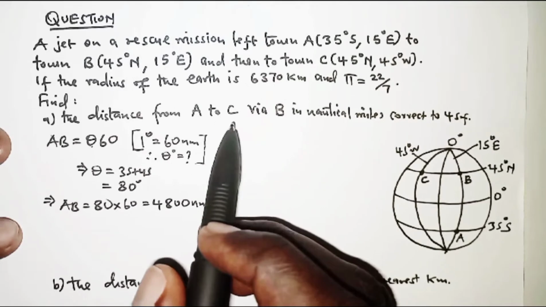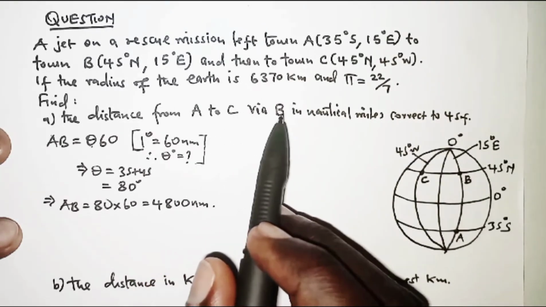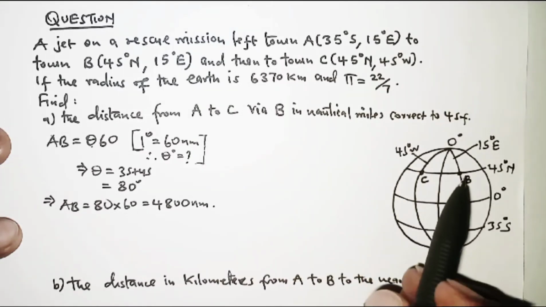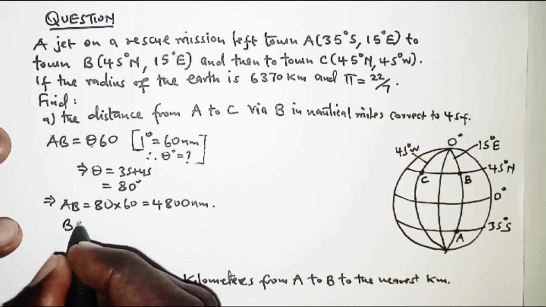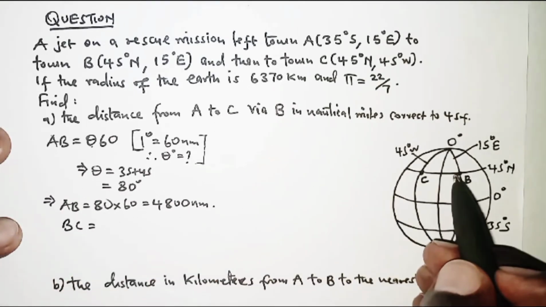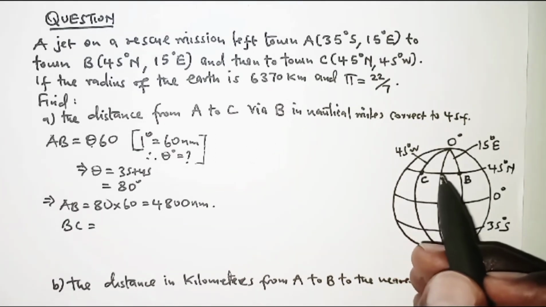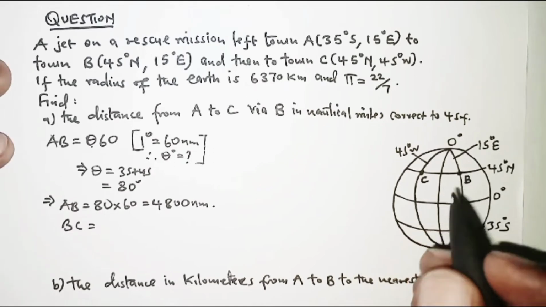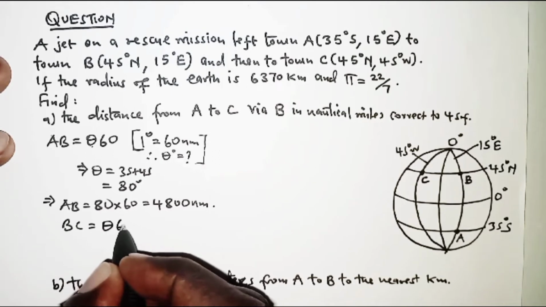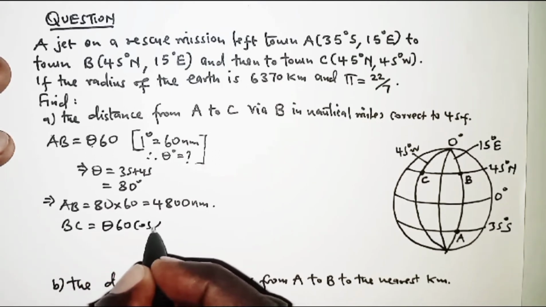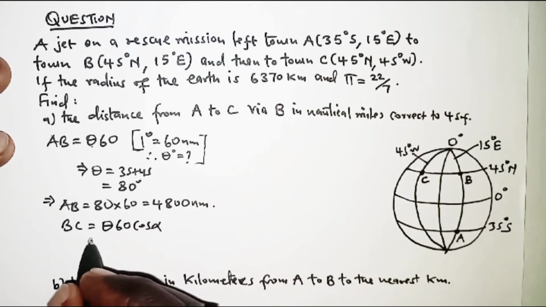Again, we need to move from B to C. Remember, we're moving from A to C via B, so we've moved from A to B, B to C. BC is now a distance along a latitude, that is a small circle, and this we are going to work out by simply having the formula theta times 60 cosine of alpha, where alpha is the latitude.